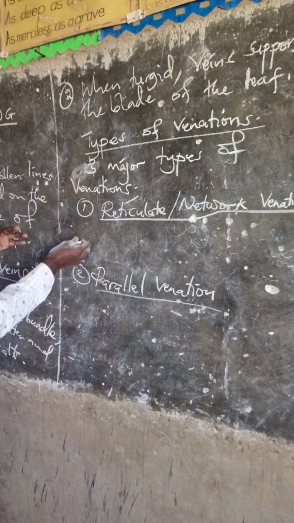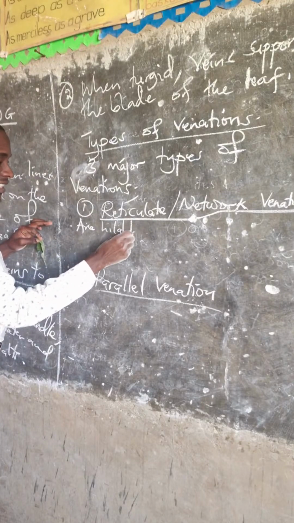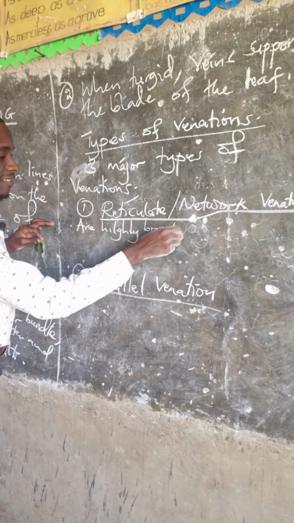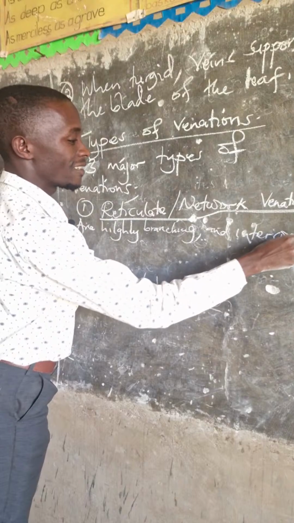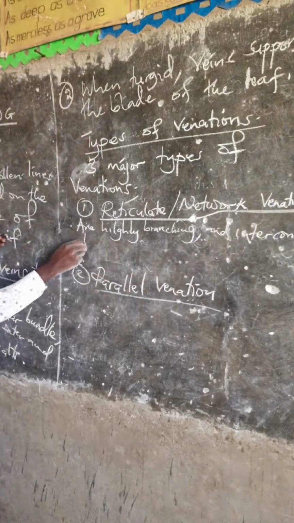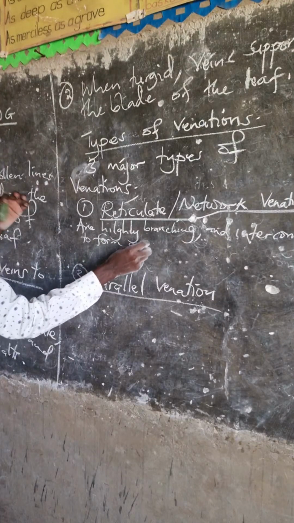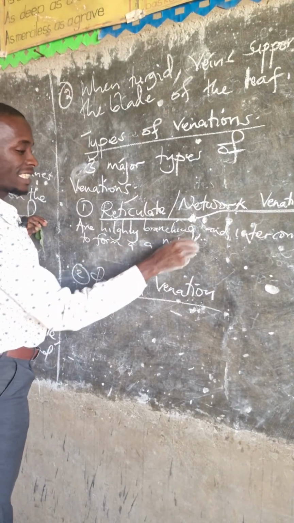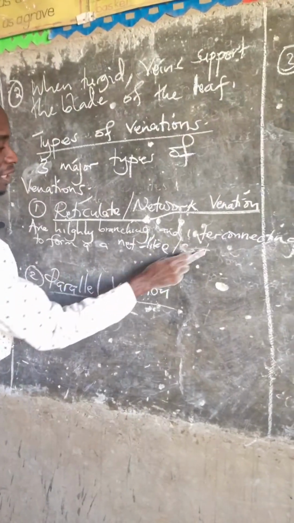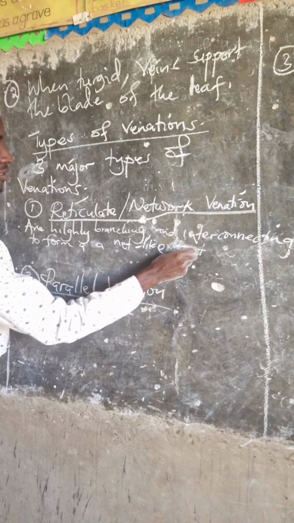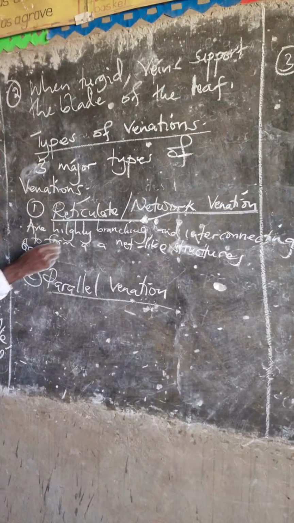So the words I'm using are the veins are highly branching and interconnecting to form a net-like structure, sometimes they call a reticulum or a reticulum.